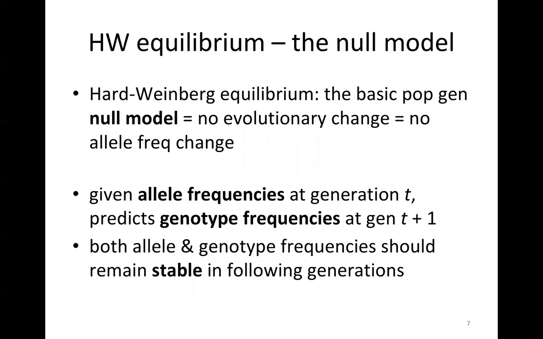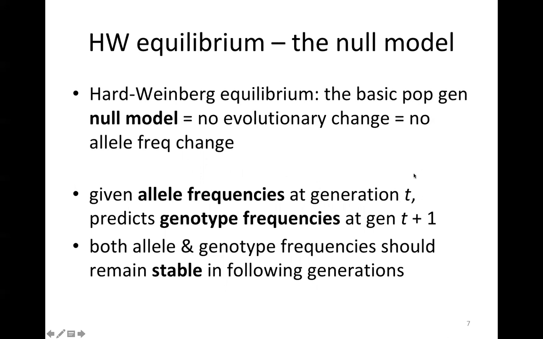This is also the null model of evolution, basically describing a gene pool where there's no evolutionary change at all, and it allows us to make predictions: if forces that drive evolution are not affecting allele frequencies strongly, what kind of expectations do we have?